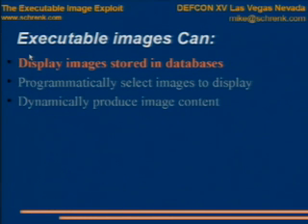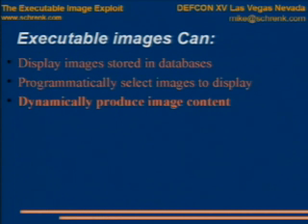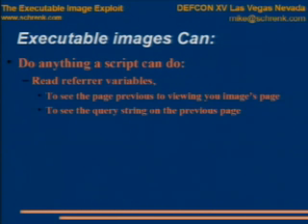So, real quickly, an executable image can display images that are stored in databases. You can programmatically select images that you want to display. You can dynamically produce image content, but you can also do everything that a regular script can do. In other words, you can read referrer variables to see the page that the viewer was looking at before they came to the page with your image on it.